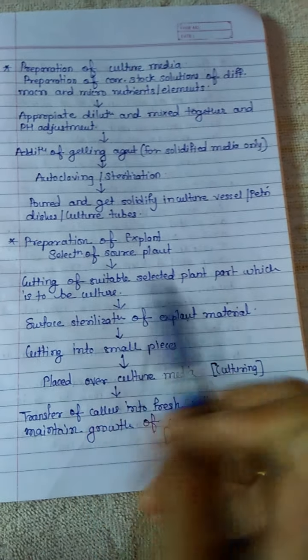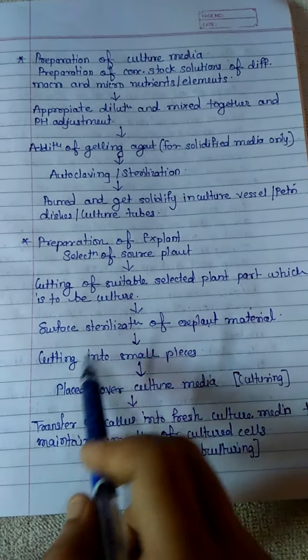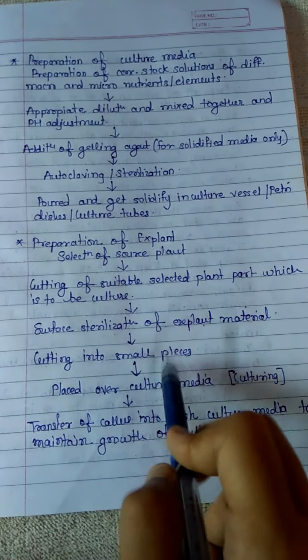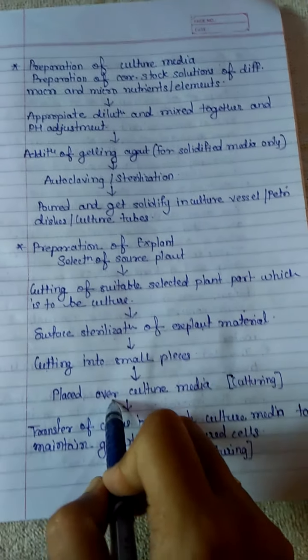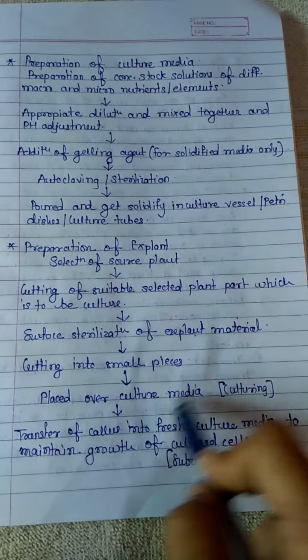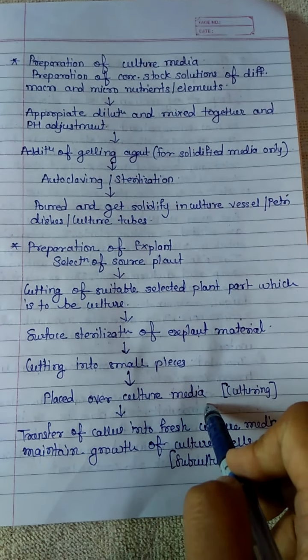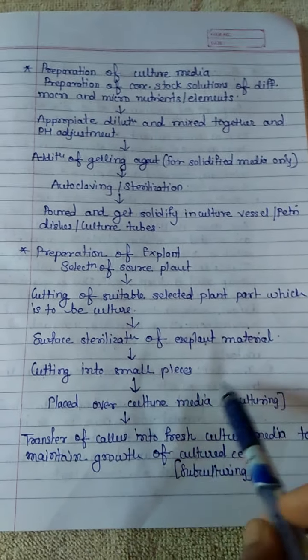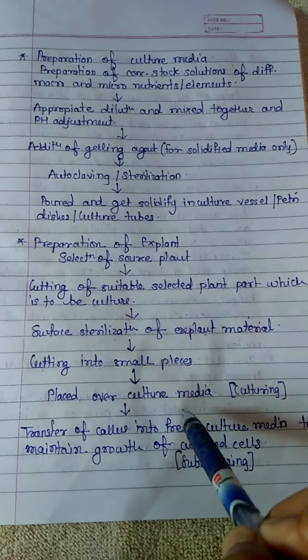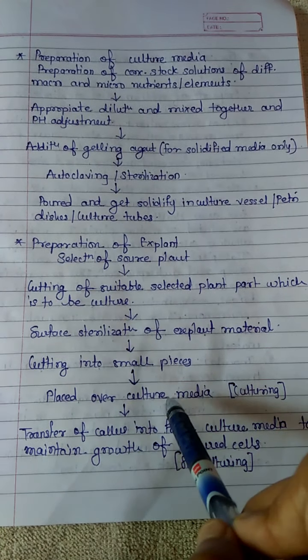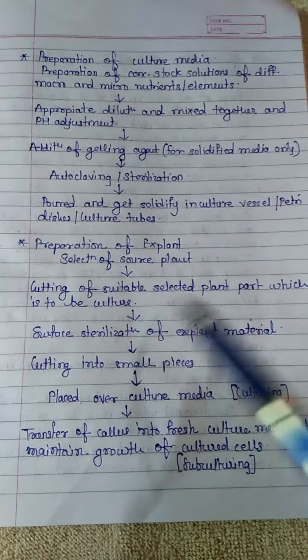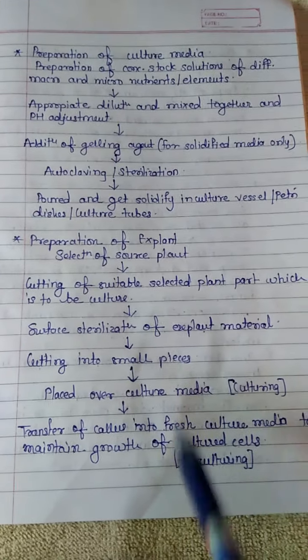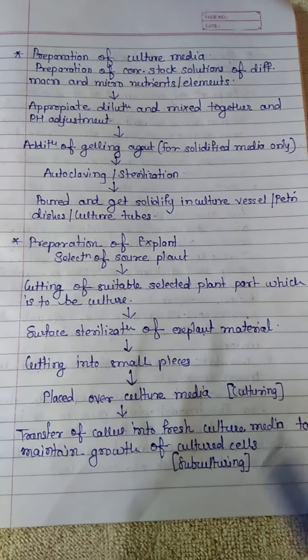After sterilization we again cut into small pieces and place them over the culture media. This process is called culturing, as we already discussed. And after formation of callus, if we replace the media with fresh culture media, that process is called subculturing.